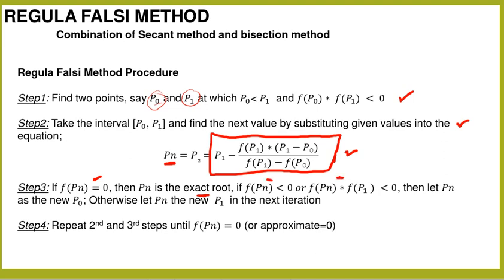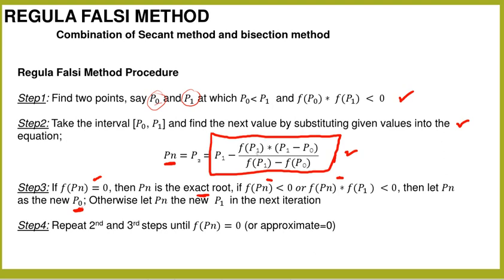Then, yung Pn natin sa susunod is the new P0. Otherwise, yung Pn natin is our new P1 in the next iteration.